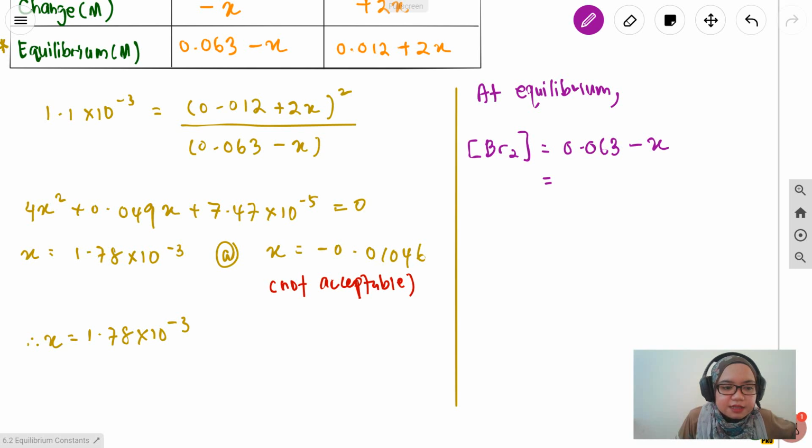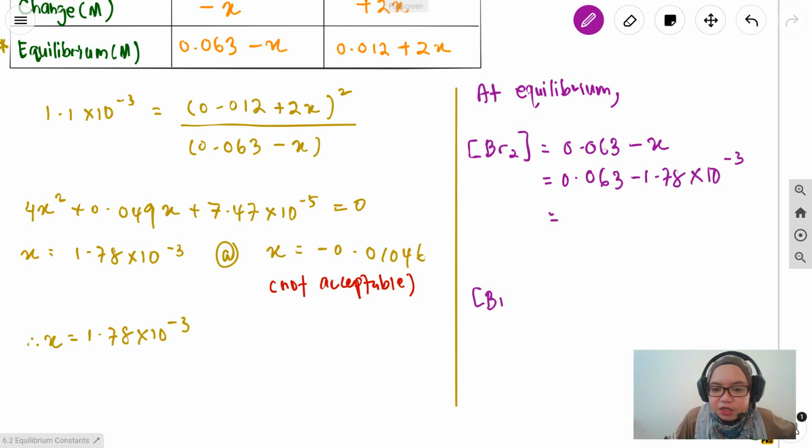Is this sign negative or positive actually? I suppose the answer should be 0.063 minus 1.78 times 10 negative 3. How much is the answer for this?